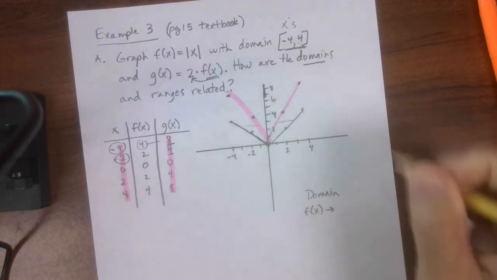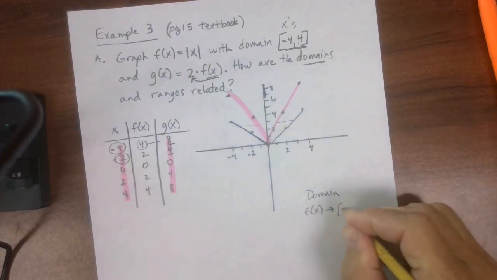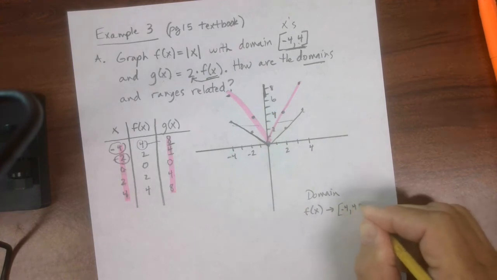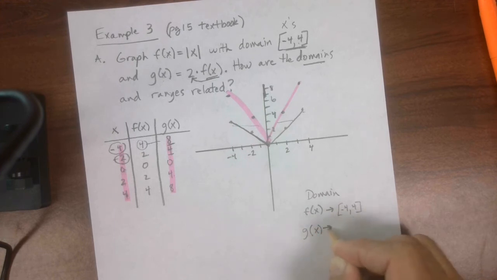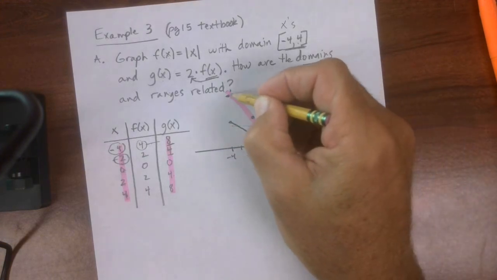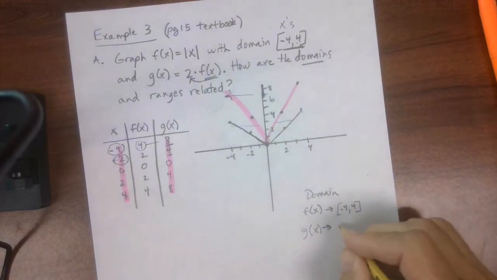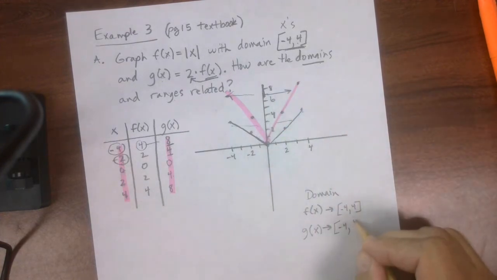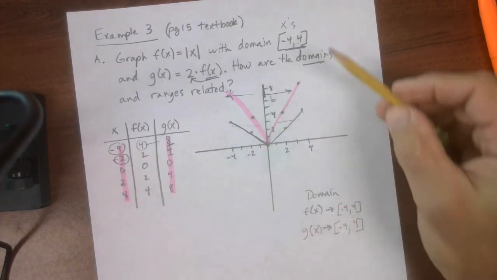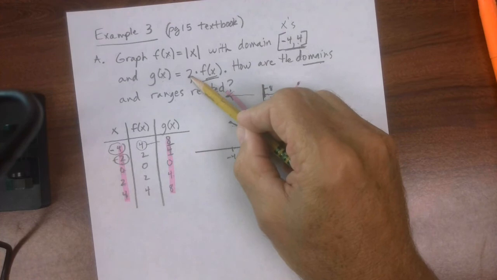How far right does it go? 4. Negative 4 to 4. What about the pink one? G of x. What's the domain? Well, once again, how far left does it go? Stays the same. Negative 4. How far to the right does it go? 4, even with that change. So that too does not affect the domain.